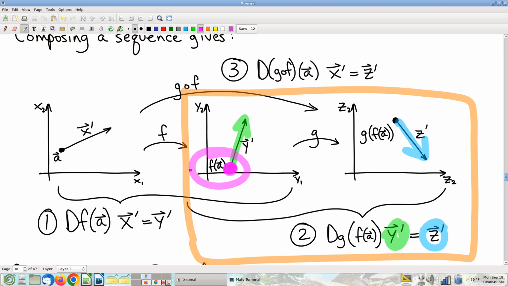It's not A. Of course it's not A. A is way over here, in a different universe, in X world. We are looking at this function g, which takes inputs y, so the derivative matrix is evaluated where you are, which is y, which is f of A. So, thus, the f of A right there. Does that make sense to everybody?